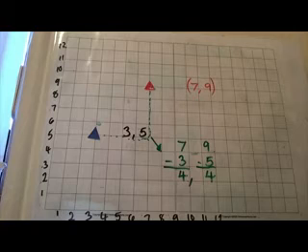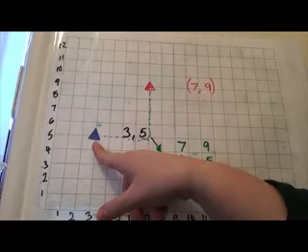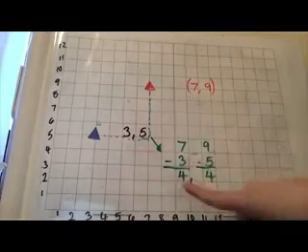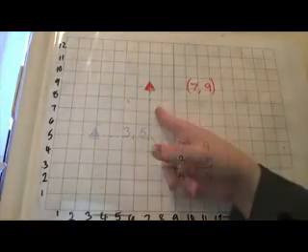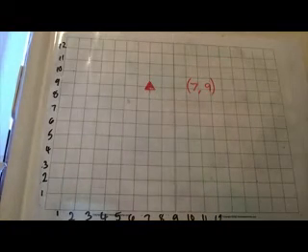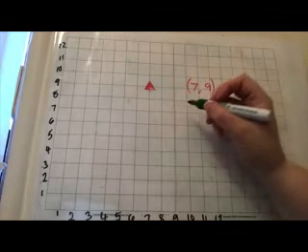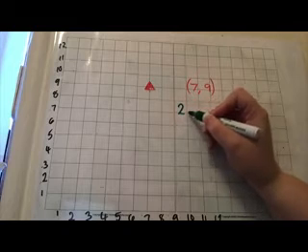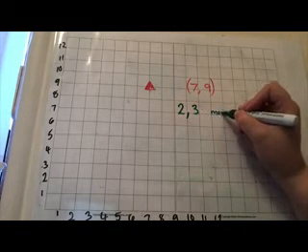The other way to work it out is if you are given the starting point or the end point and you're given how much it's moved. Let me show you. I know my end point is 7, 9. And I have been told that it has moved 2, 3. That's how much it's moved.